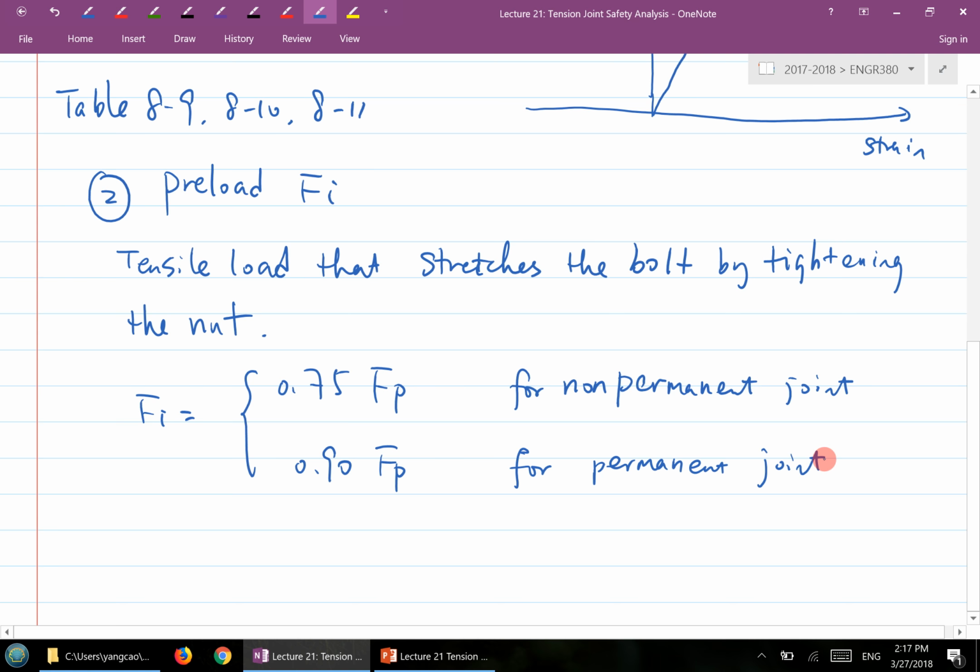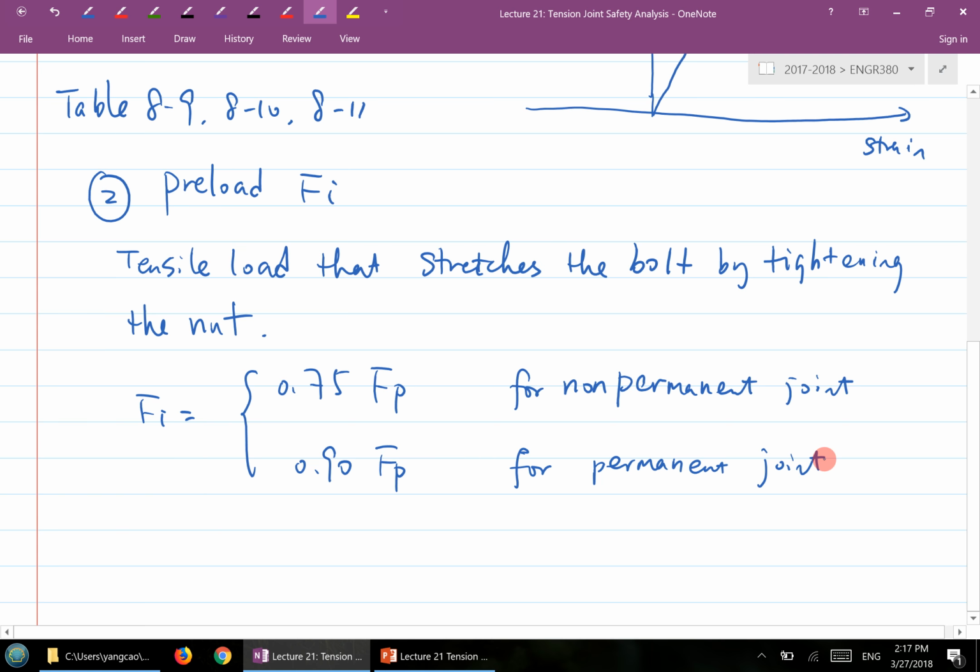The difference between permanent and non-permanent joints is that if you have a maintenance requirement that needs to be done regularly, then that joint needs to be a non-permanent joint. If you don't require any maintenance in the next 10 years, or you just want to use it until the end of its life, then you use the permanent joint.